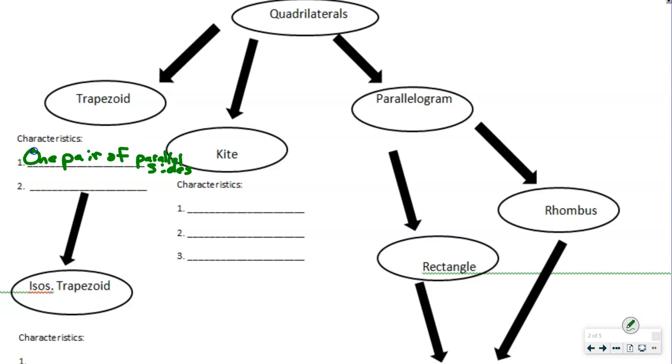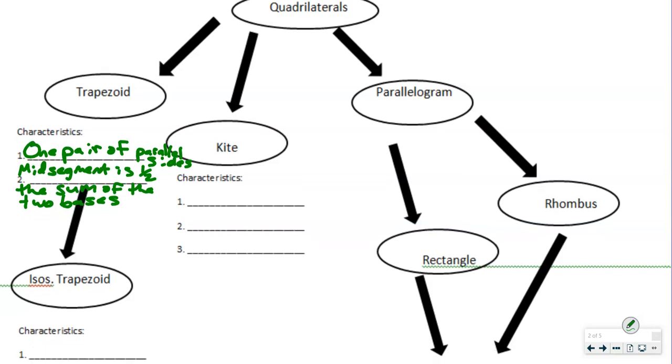We'll talk about what a mid-segment is. So 1/2 the sum of the two bases is that mid-segment.